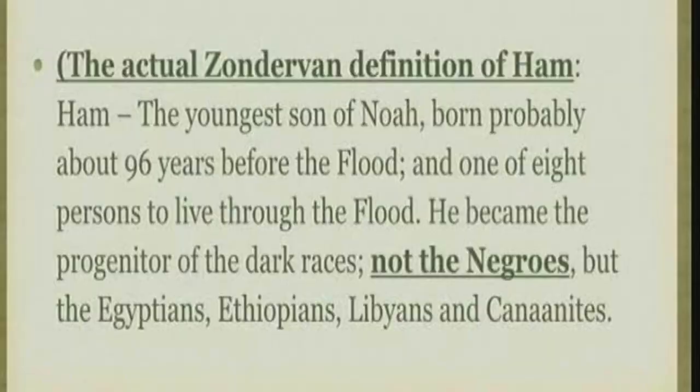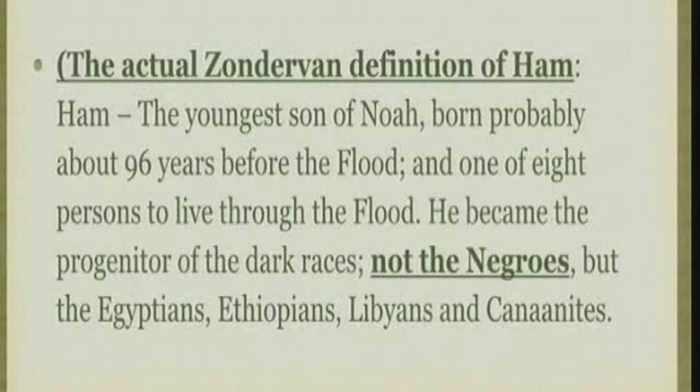So let's see what the Zondervan Bible Dictionary, the dictionary that explains the Bible, has to say about Ham. We just saw what it had to say about Shem. Ham is the youngest son of Noah, born probably about 96 years before the flood, and one of 8 persons to live through the flood.